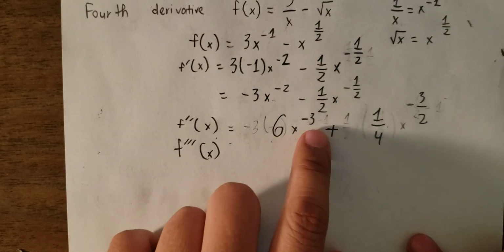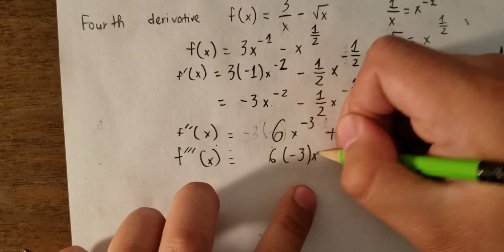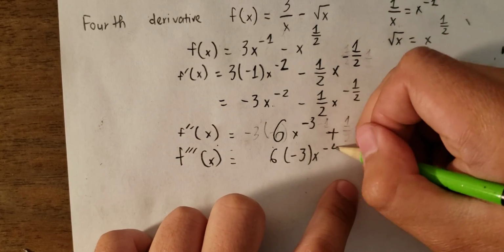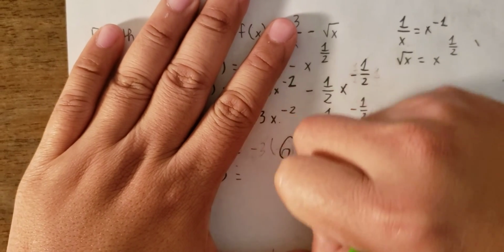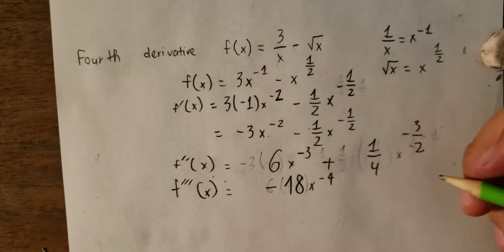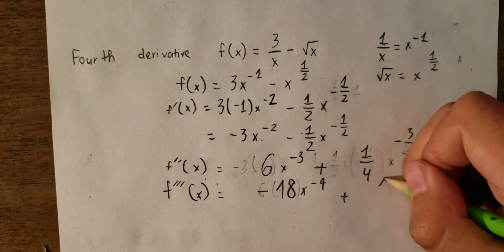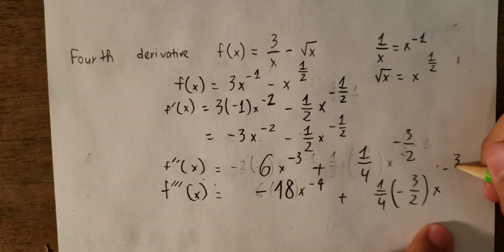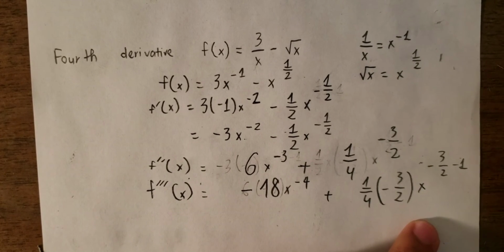The third derivative, we have the minus 3. We put it in here. Minus 3, you need to minus 1 again, you got minus 4. 6 multiplied with minus 3, you got minus 18. We have 1 over 4 and we have minus 3 over 2. Minus 3 over 2, we need to minus 1 again because that is the derivative.